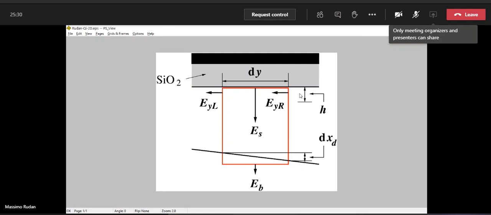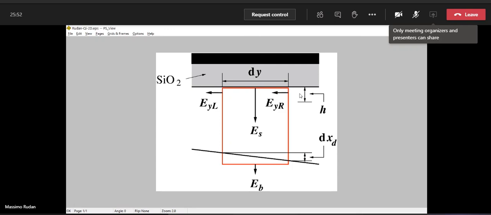So EYR is almost equal to EYL. We neglect the difference, so we somehow force the two fields to compensate each other exactly in the calculation of the charge inside the red line.